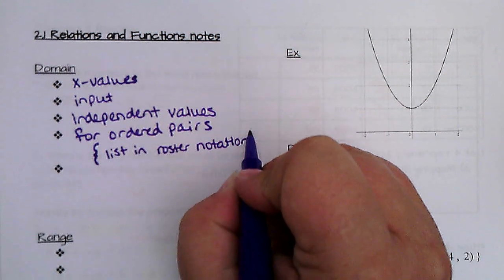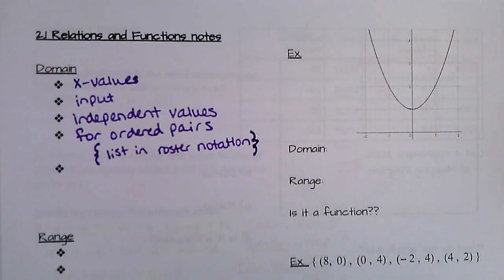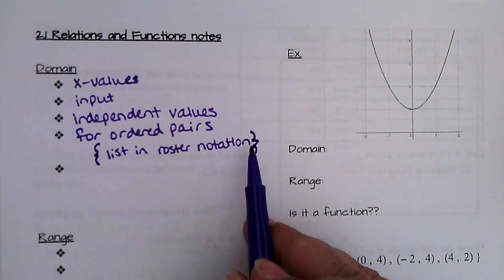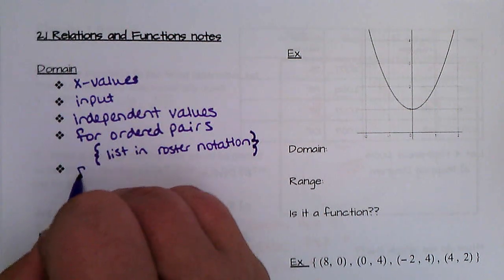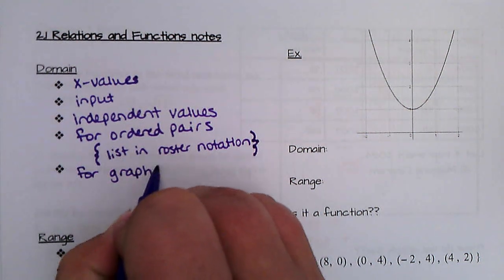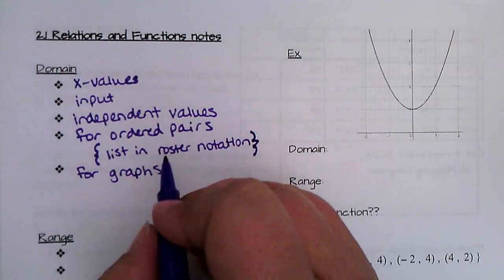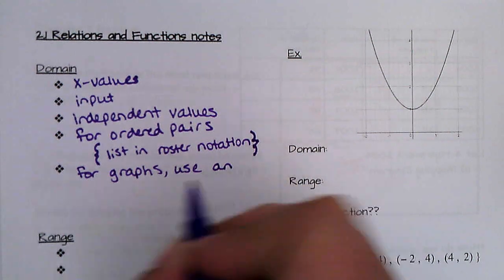And it just kind of has a curve, a pointy arrow, and another curve. So like a parenthesis, a pointy arrow, and another parenthesis. So when we do this example down here, we'll use that roster notation. And then for graphs, so like this top example, we will use an inequality.